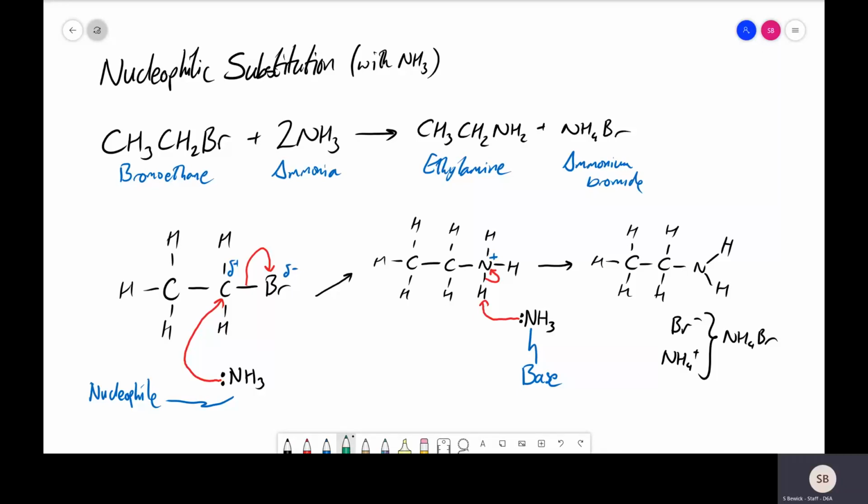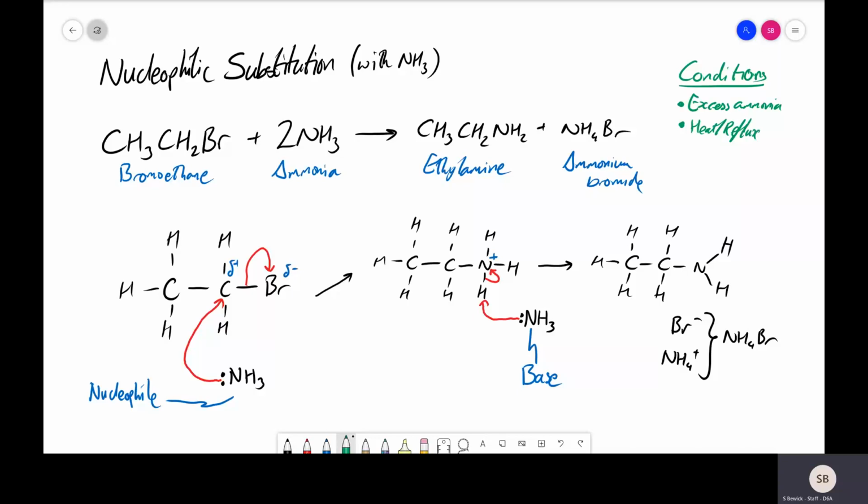Now, for this reaction to happen, obviously we need to consider the conditions like we do with all reaction mechanisms. We need excess ammonia. Otherwise, the second step won't happen and we'll end up with some kind of salt between the ethyl NH3 group and the bromine. We also need heat and reflux, or heated under reflux.